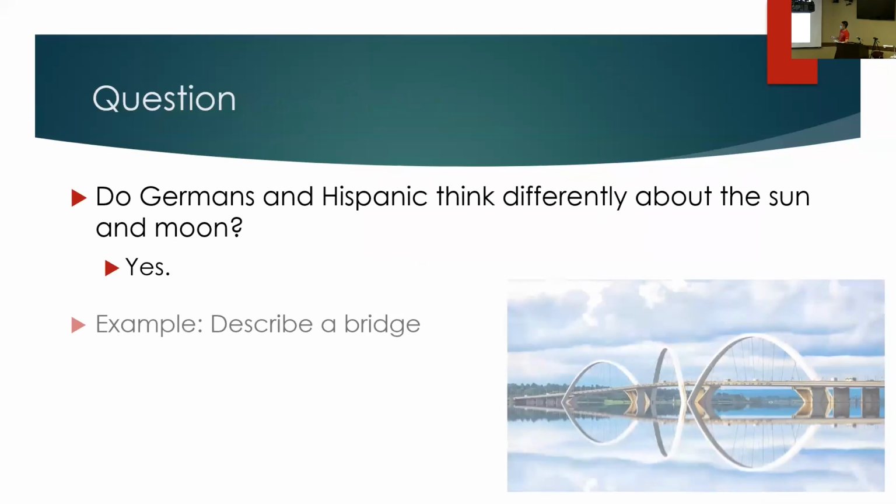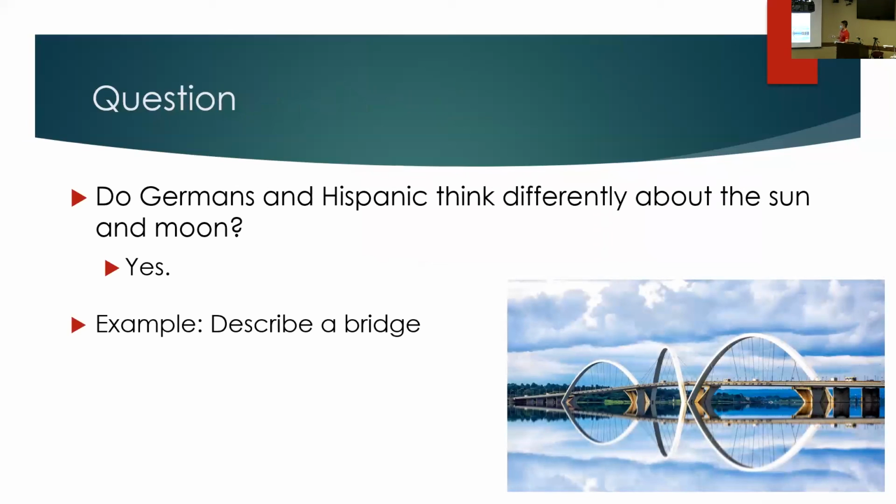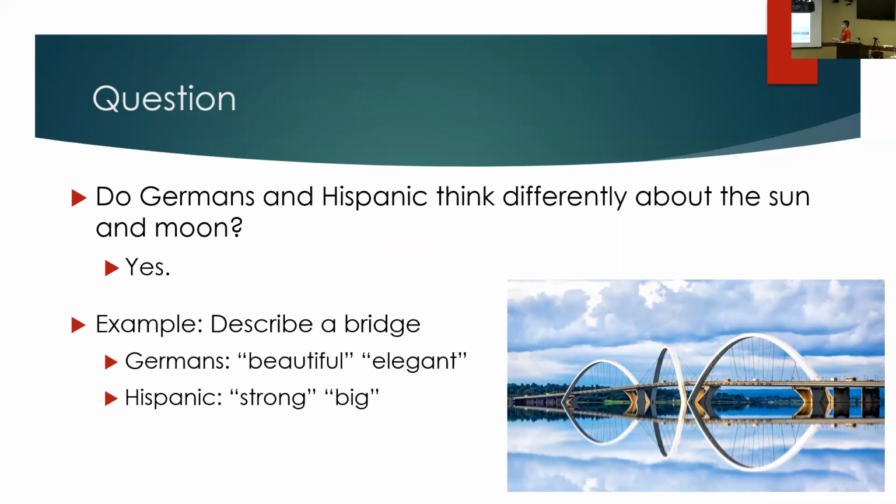So here's an example. If you ask them to describe a bridge, we found that Germans are more likely to use terms like beautiful and elegant because it's a feminine term in German. But for Spanish speakers, they tend to use terms like strong and big because it's a masculine term in Spanish.